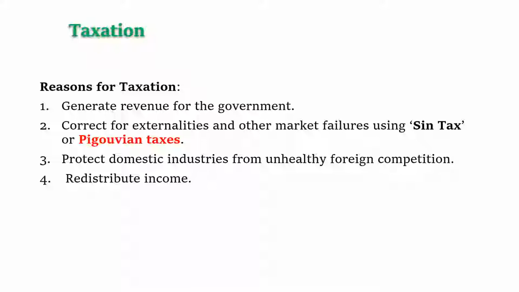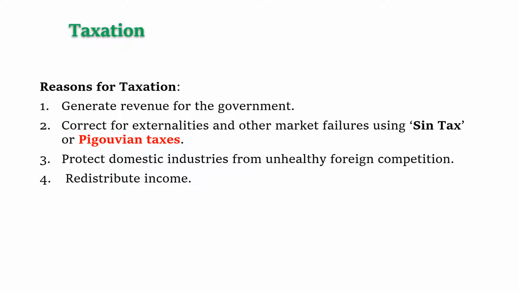Now, these are taxes that are levied on firms or producers that pollute the environment. So they create externalities by polluting the environment. They do not factor in the cost of their activities into their cost decision. So some individuals in the economy are made worse off because of their production method, because of their actions.